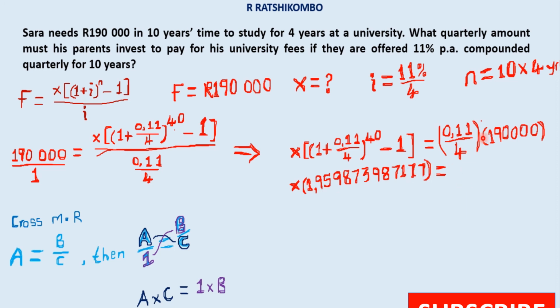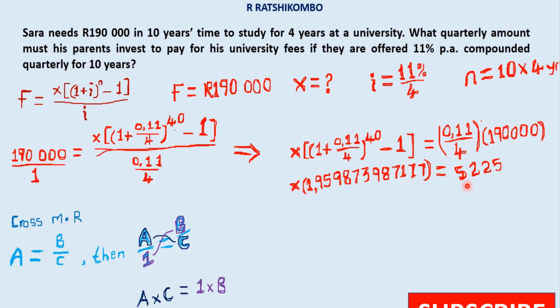Then when I press the calculator here for 0.11 over 4 multiplied by 190,000, the value becomes 5225, like this. Now to find the value of x, we have to divide the left hand side by this number, 1.95987398777, so that it cancels with this one and we are left with only x.